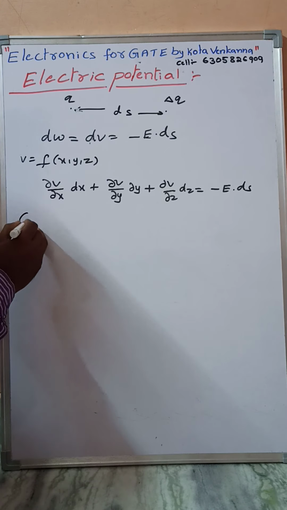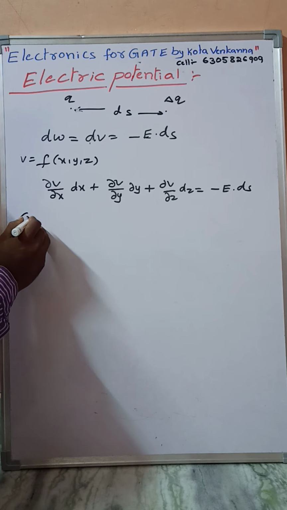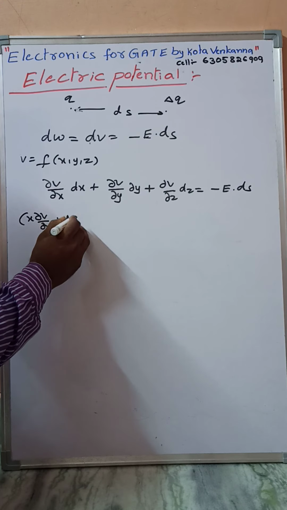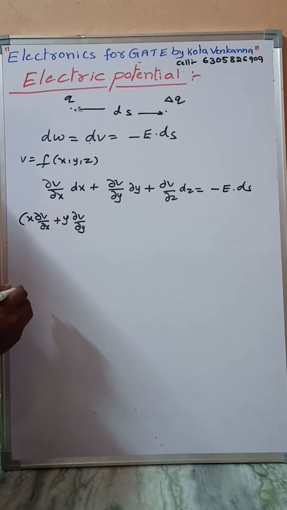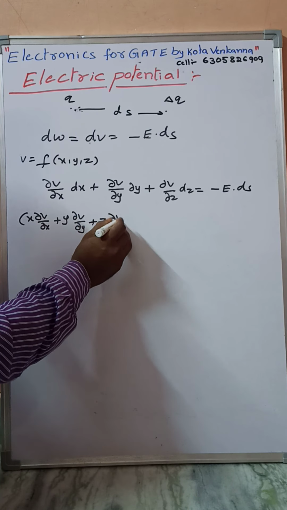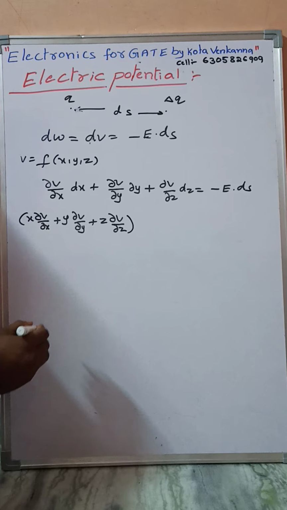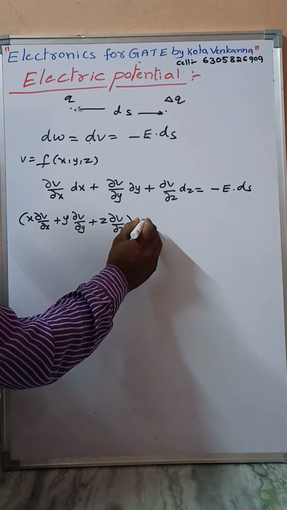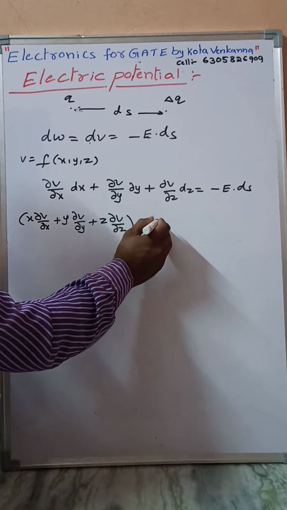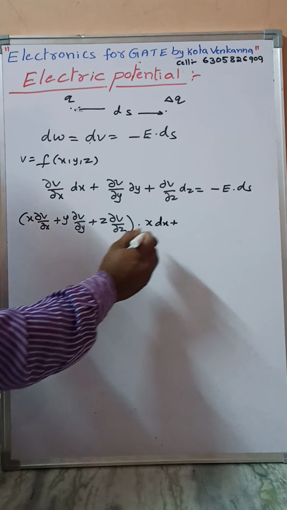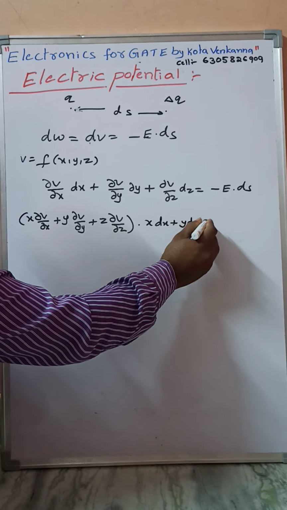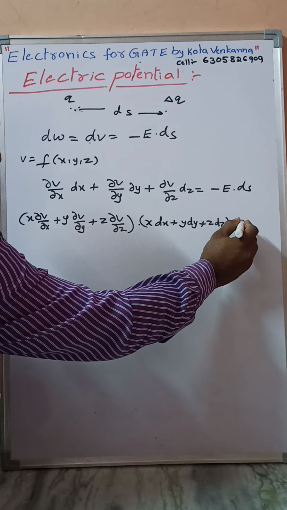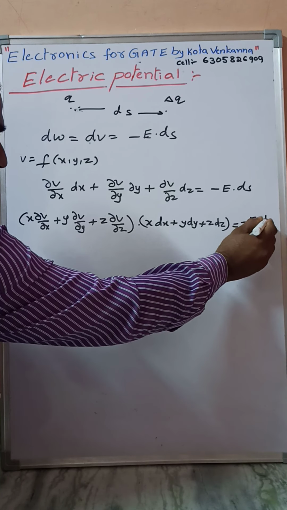Then it is written as x-hat dou V by dou x plus y-hat dou V by dou y plus z-hat dou V by dou z, dot x-hat dx plus y-hat dy plus z-hat dz, is equal to minus E dot ds.